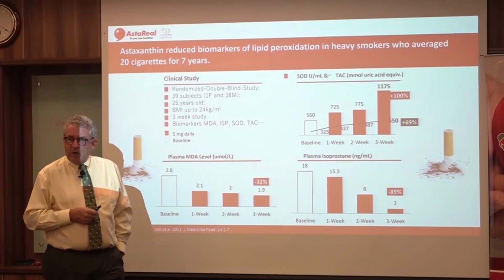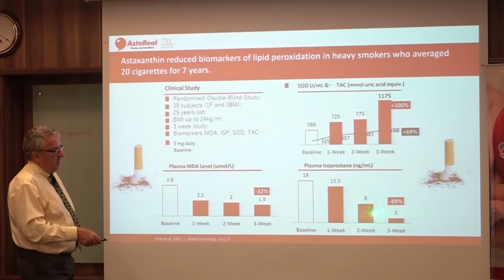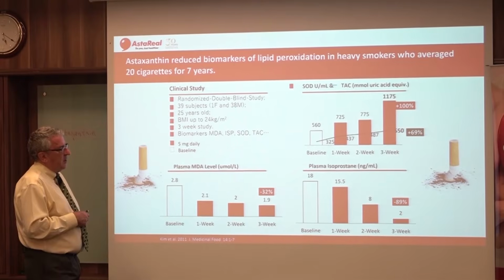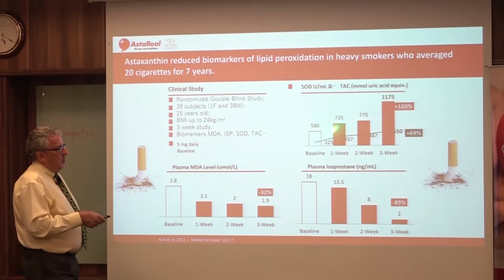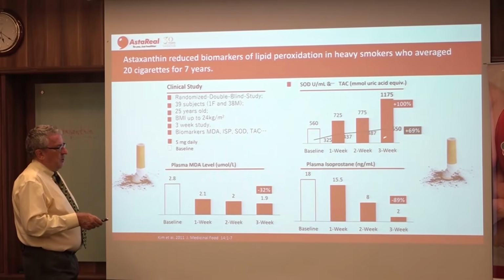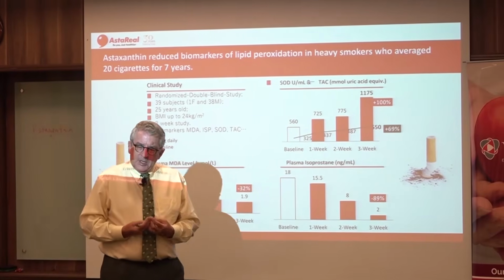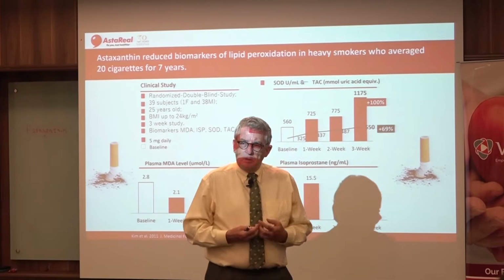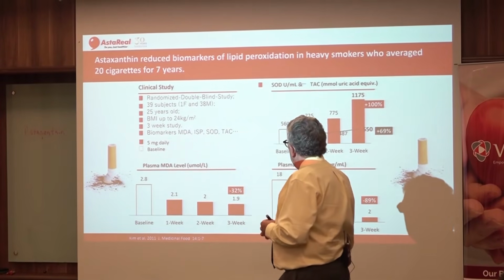Actually, it comes from arachidonic acid, and there was an 89% reduction by week 3 with astaxanthin. And again, on the defense side, superoxide dismutase went up 100%, and total antioxidant capacity was increased 69%. So again, that's an epigenomic factor activity raising SOD levels. Next slide.